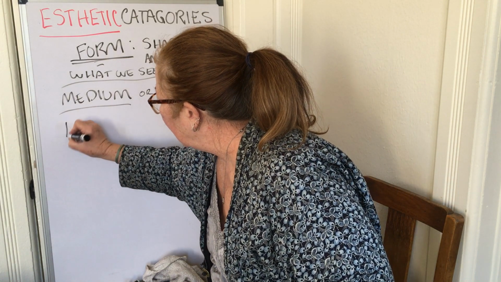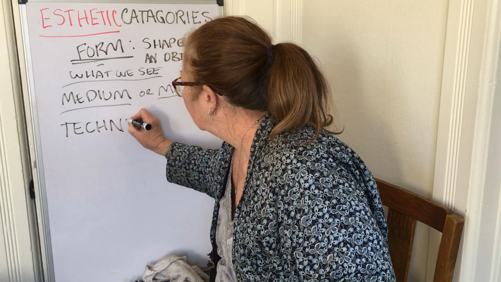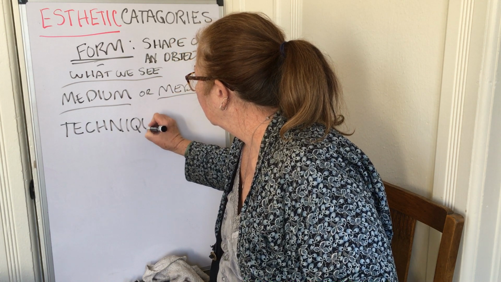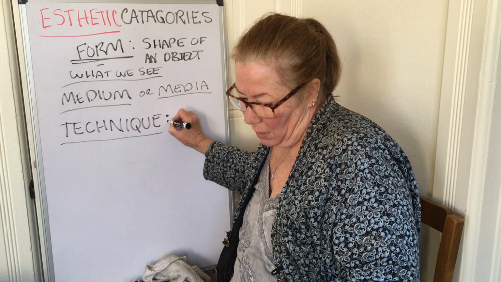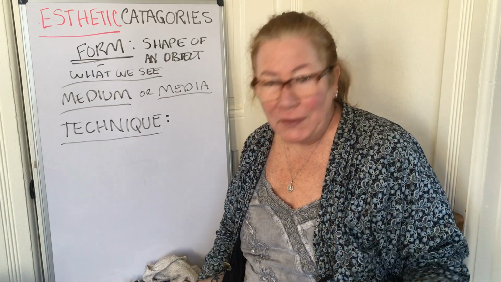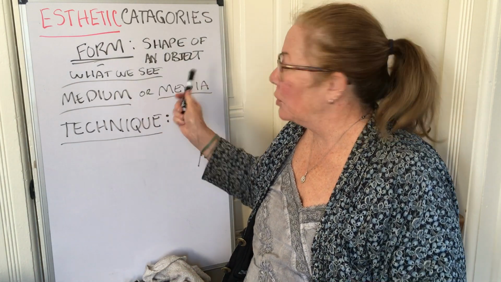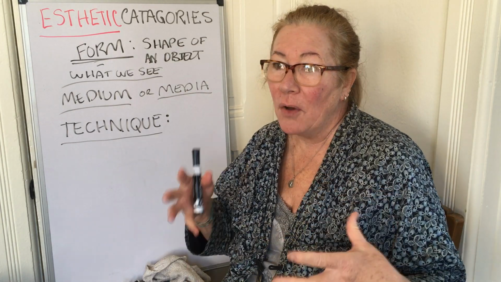Next, we're going to say technique. Another term that we want to know. It's the technical process that the artist employs using their media and their tools, right? So how they do it, what's that process?